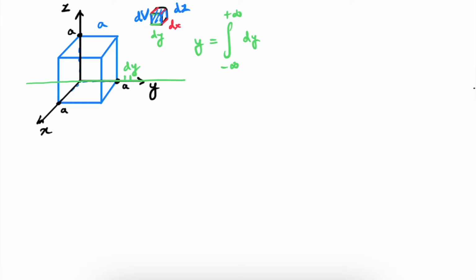It is this volume right here that we will call the infinitesimal volume element. And in the same fashion as we did in one dimension, we can write that the entire volume of space is equal to the integral over this volume element over the entirety of space. And the single integral over the infinitesimal volume element is of course a triple integral over all of the infinitesimal elements in each dimension, because we know that dV is equal to dx times dy times dz.